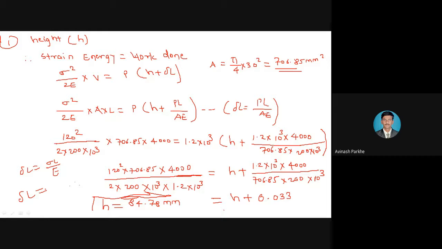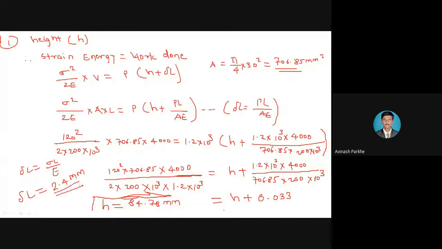Calculate the deformation or the elongation of the rod. For the elongation calculation, the formula will remain the same for all three cases. Delta L is equal to sigma L upon E. 2.4 mm. Yes, 2.4 mm.